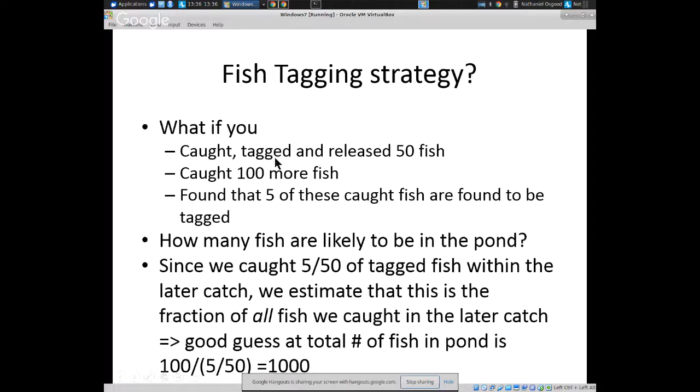And it's probably 50 times this out there, because we'd have to have 50 catches of 100 fish to get all 50 of the ones we had originally caught. So 50 times that, right? In this case, 5 over 50 is 1/10. And so we'd estimate there's 1,000. Does this make sense, this logic?